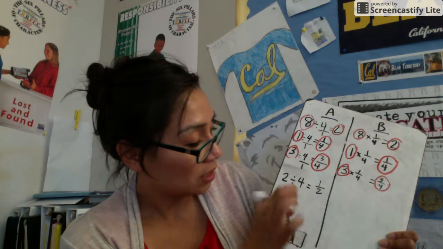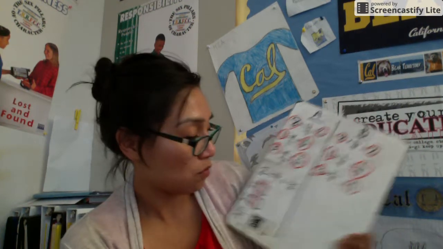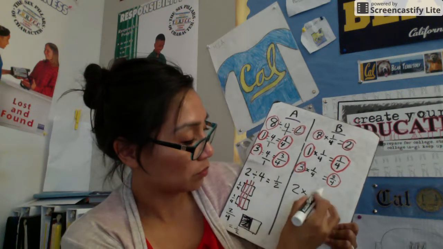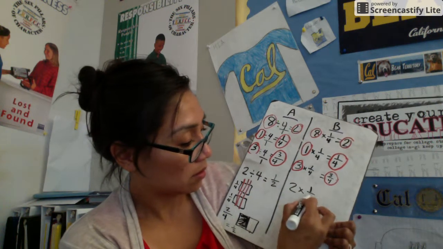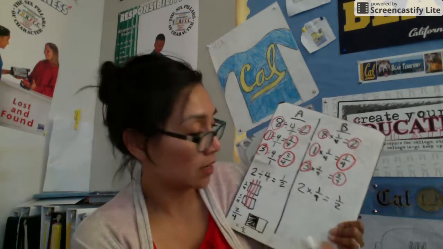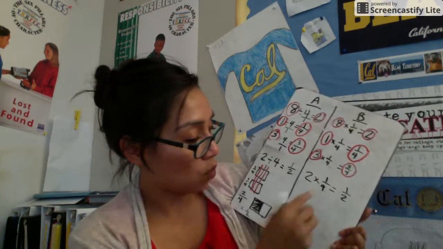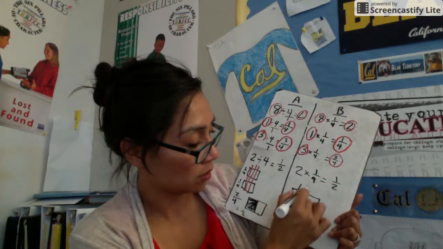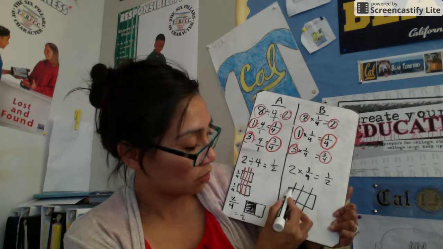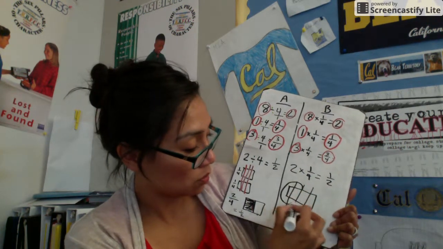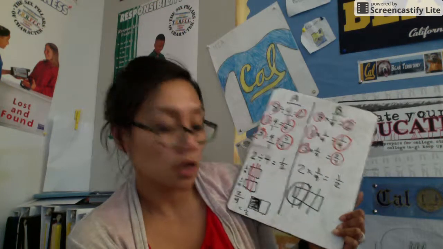I'm wondering if 2 divided by 4 is equal to a half, what would 2 times the reciprocal of 4 be? The reciprocal of 4, is that also going to be a half? Well, let's find out with a picture. If I have 1/4, so I have 1/4. Let me split this into fourths. 1, 2, 3. So here's 1/4 right here. But I have 2 of them. So I have 2 1/4s.